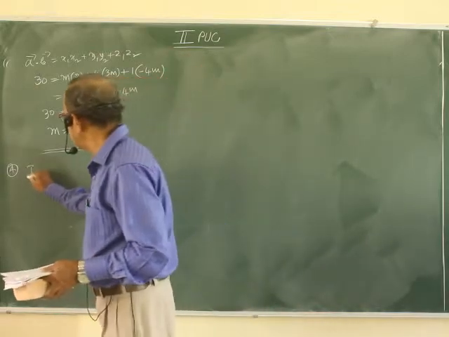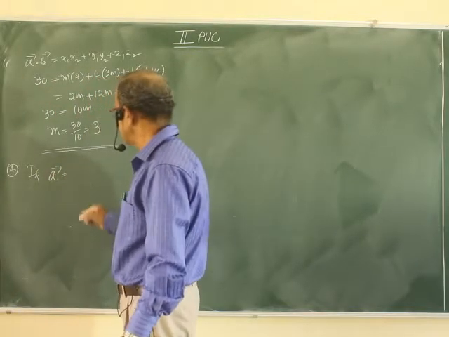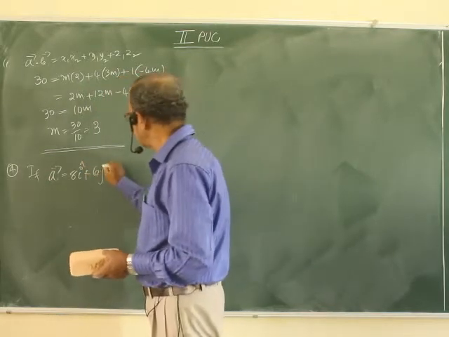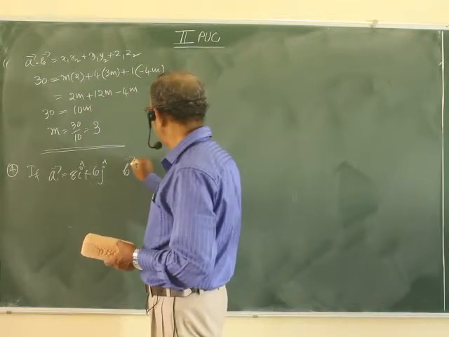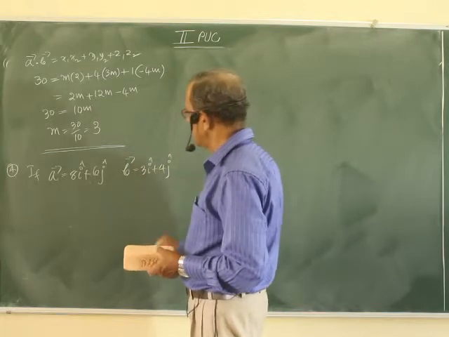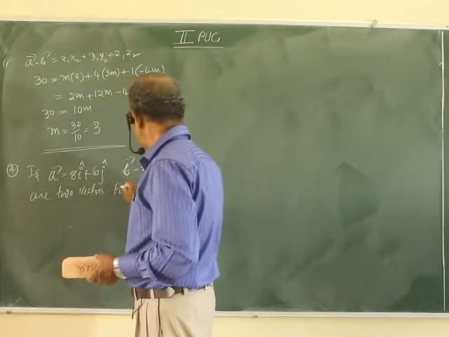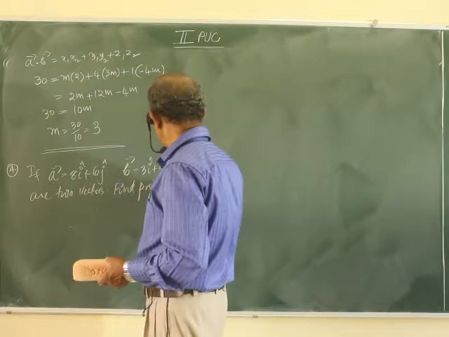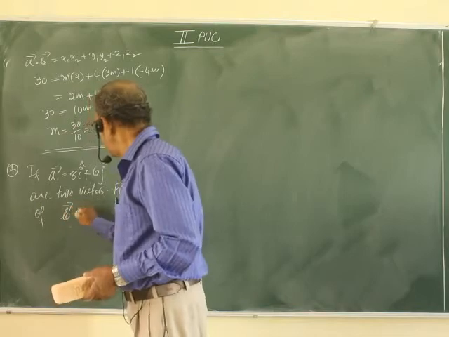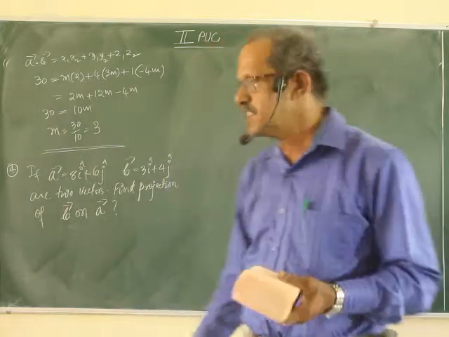Projection. If A equal to 8i plus 6j, B equal to 3i plus 4j are two vectors, find the projection of B on A. See your formula list.